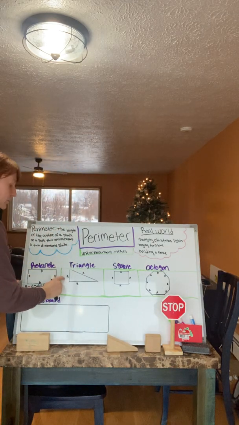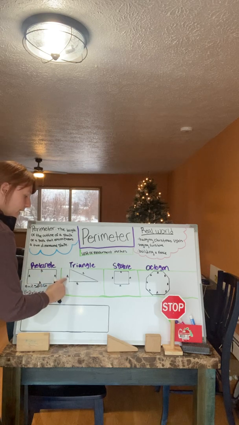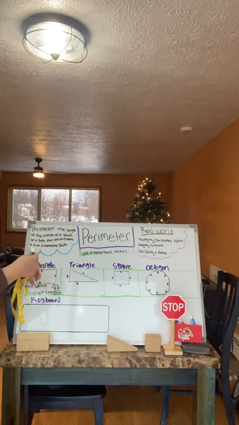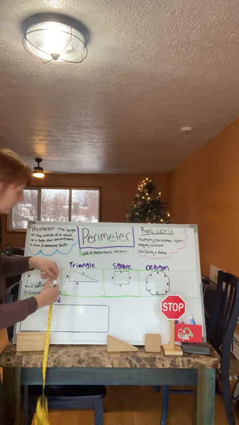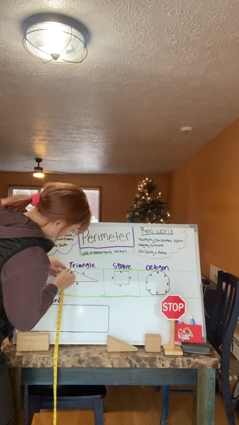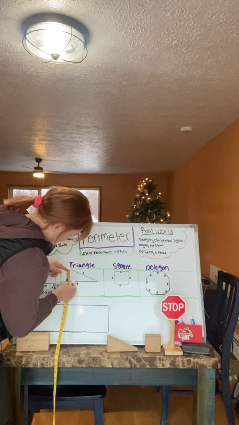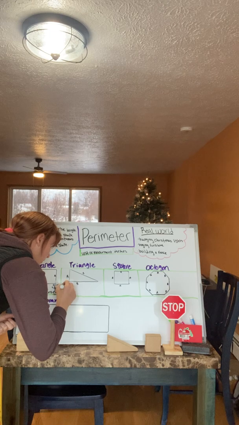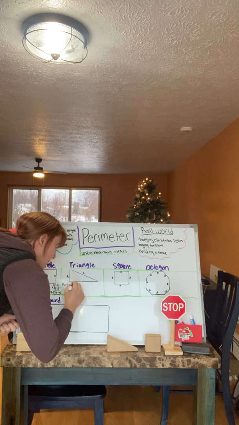So our sides are labeled differently from our rectangle. We have an A, a B, and a C. So I'm going to take out this once again. I'm going to do this. So A equals 2.5 inches.